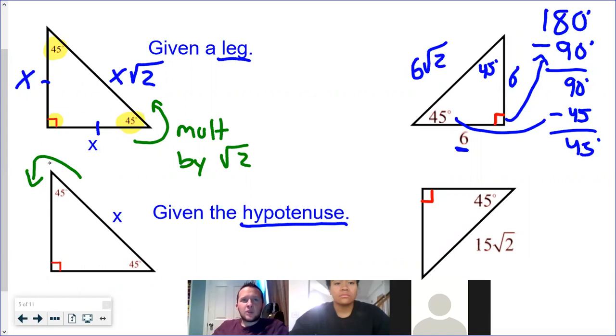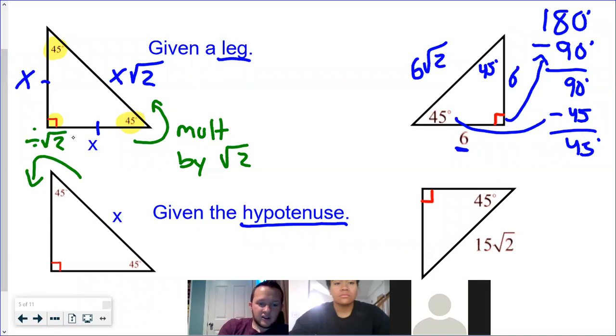Someone, I need you to unmute and tell me what the opposite of multiplying by the square root of 2 would be. Dividing by the square root of 2. There you go. So thanks, Courtney. I'm going to divide by the square root of 2.